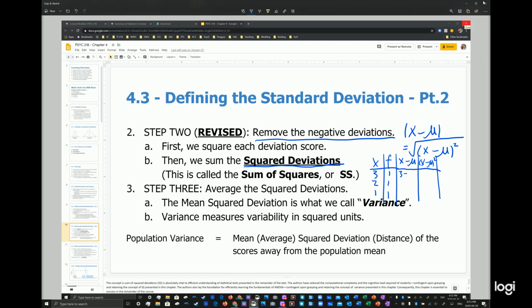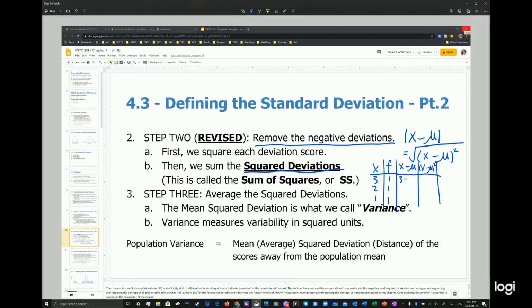Oh, doesn't help if I write the same number again. 1, 2 minus 2, 0. 1 minus 2, negative 1. Well, if I square these, 1 squared is 1, 0 squared is still 0. Negative 1 squared now becomes 1. And so we add these up, and our sum of squares here is 2.